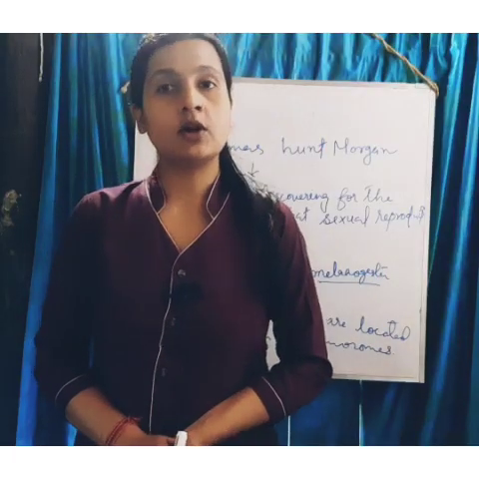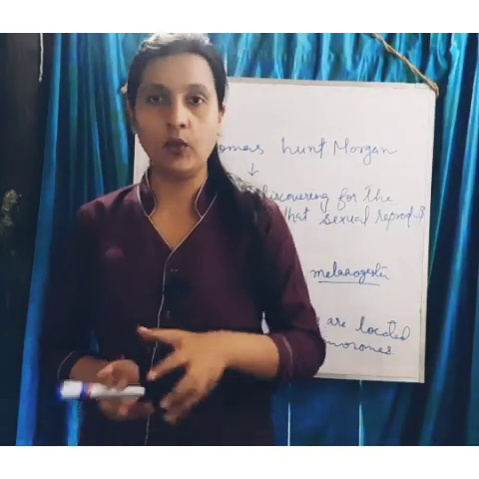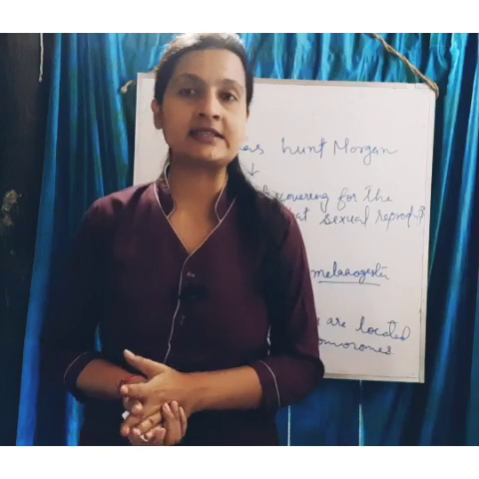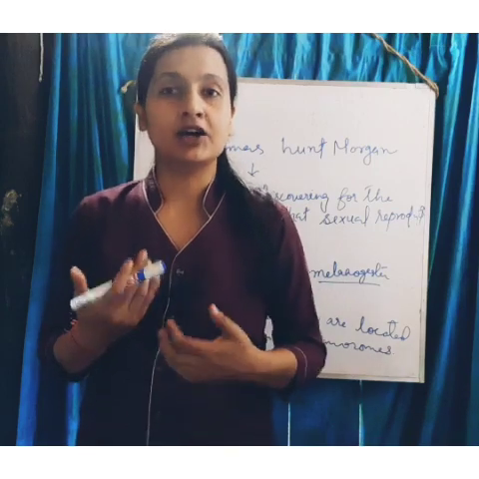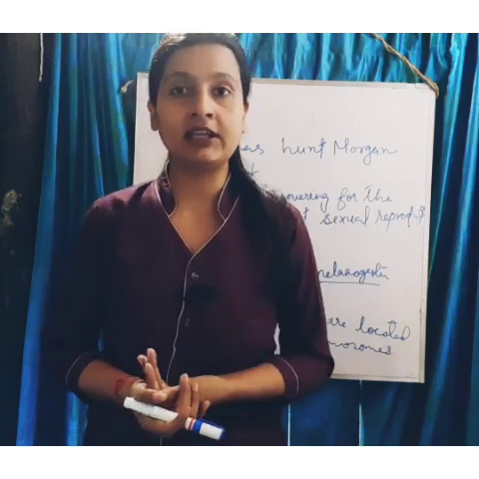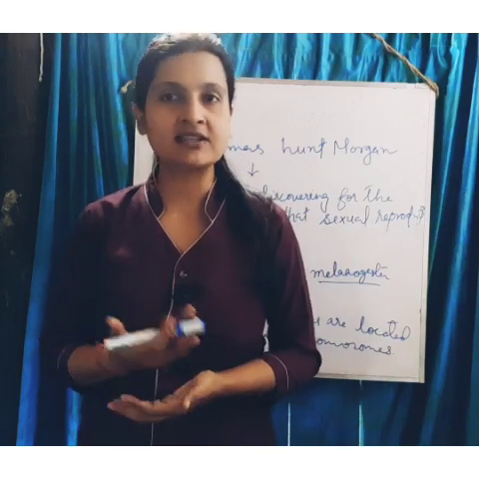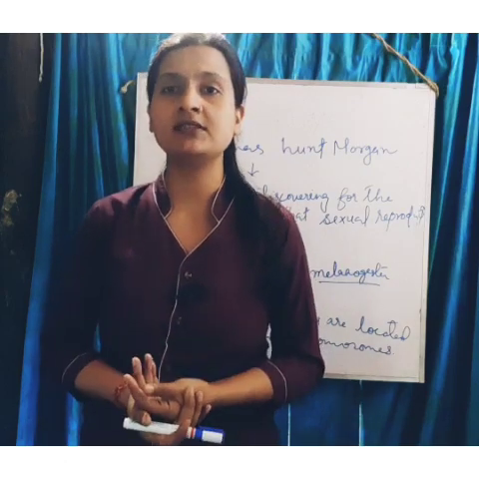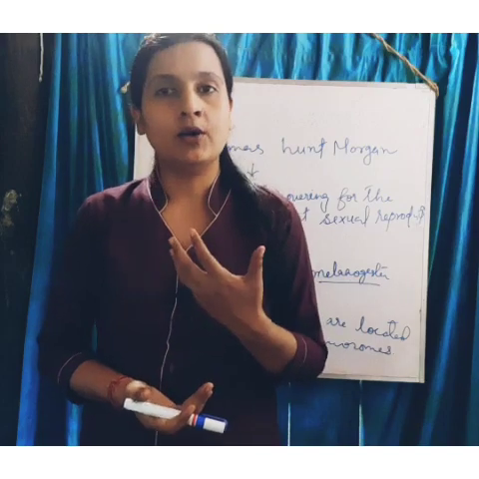So dear students, once it was proved that genes are present in chromosomes, and that the chromosome is the hereditary material carrying the characters from parents to the offspring, many experimental verifications were put forward.